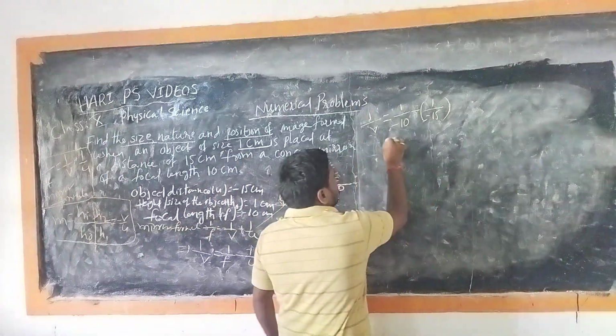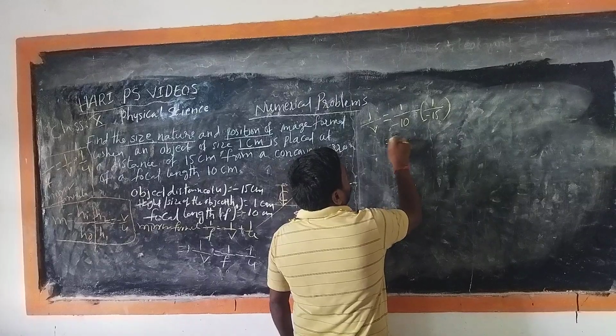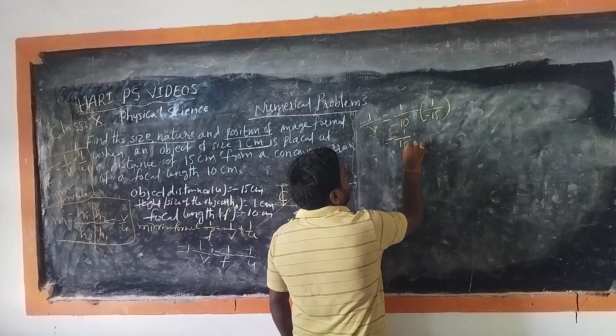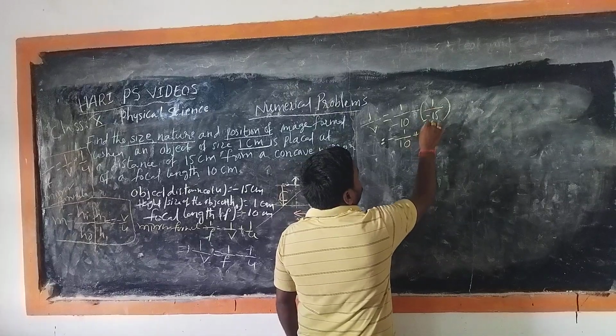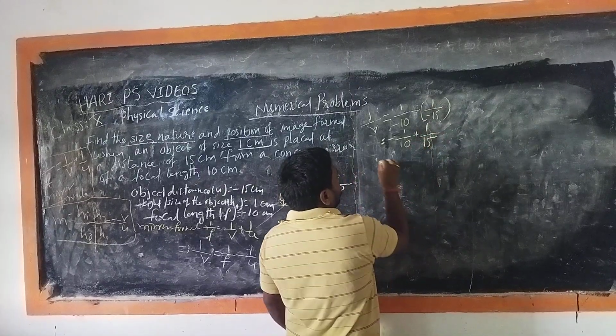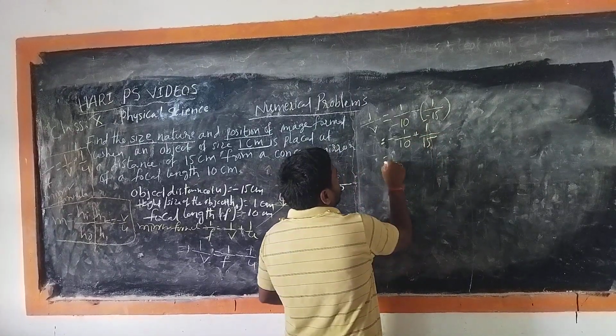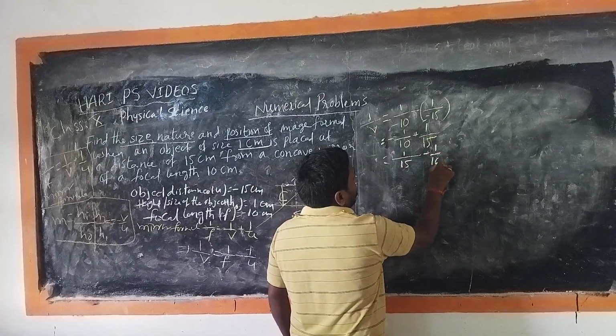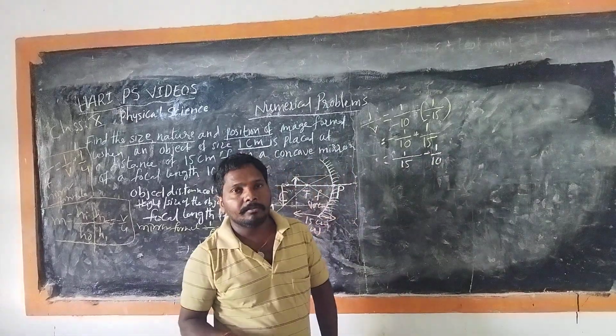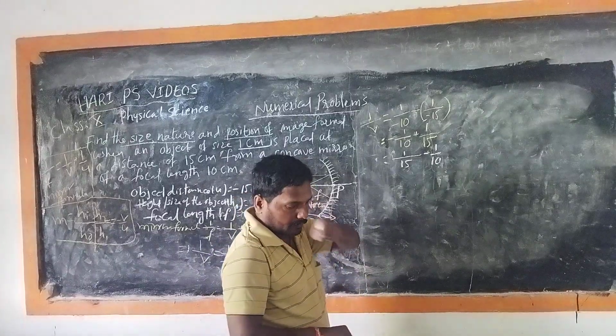So minus into minus becomes plus, 1 by 50. That is equal to 1 by 50 minus 1 by 10.